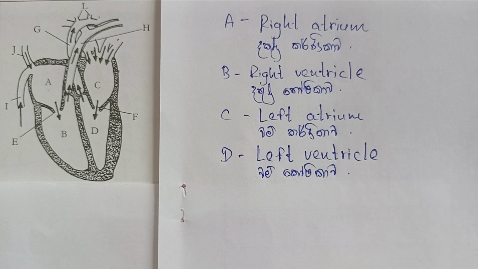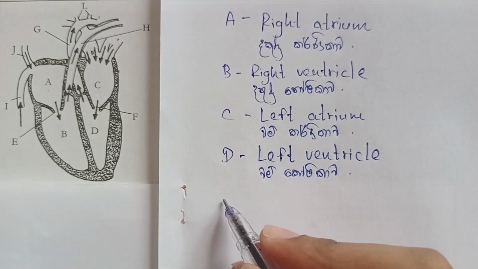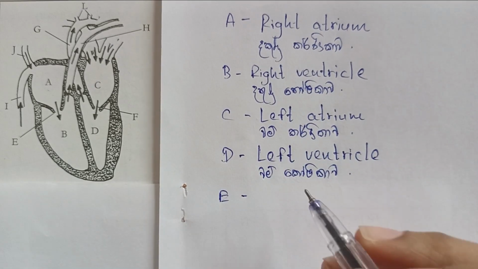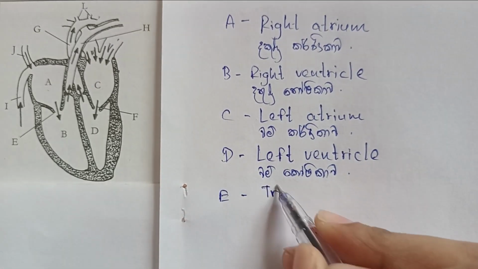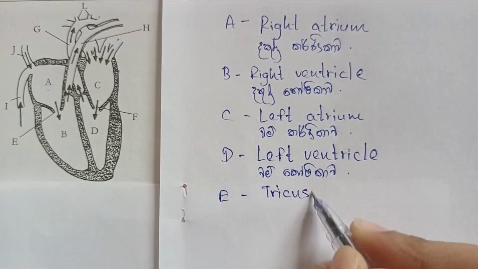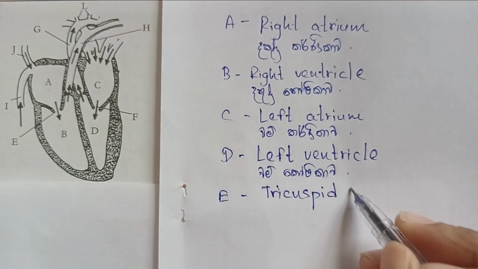So we labeled the 4 chambers in the human heart. Then from letter E, they have labeled tricuspid valve.